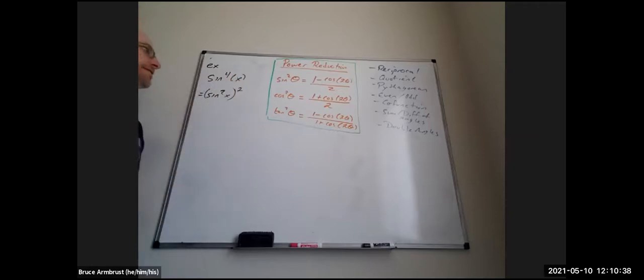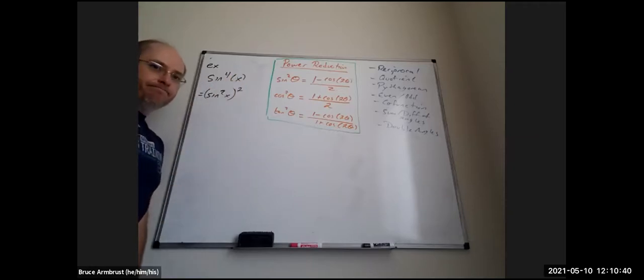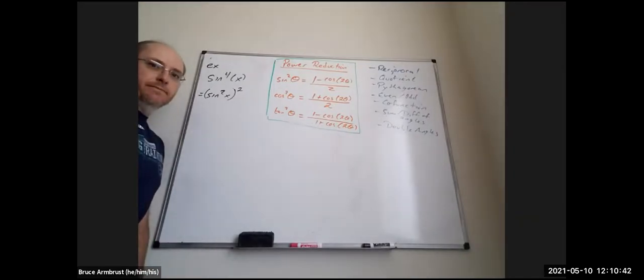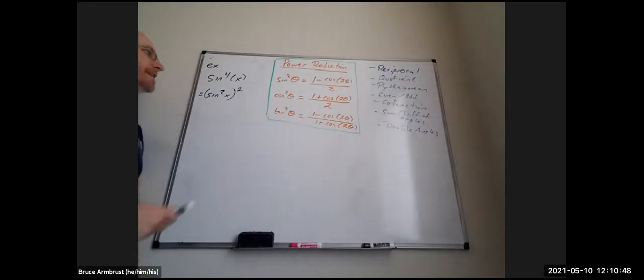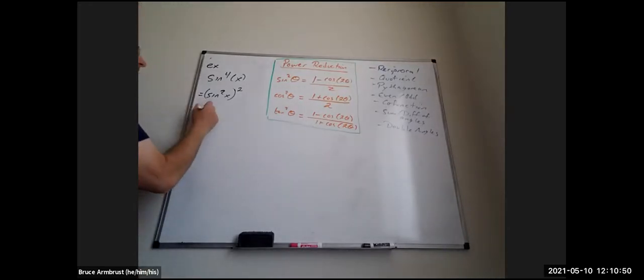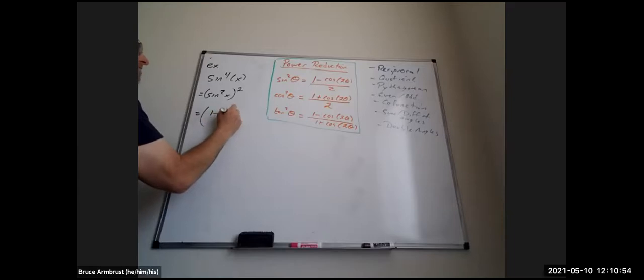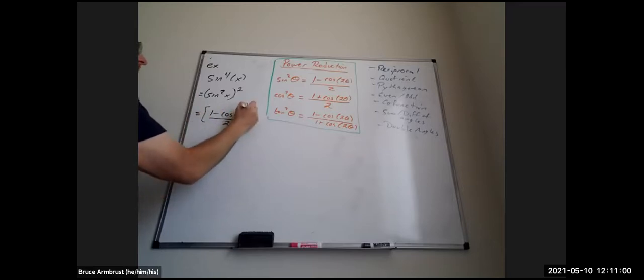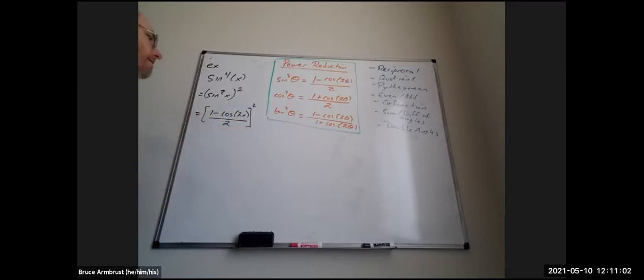Now sine to the fourth, of course, is not sine squared, but we can write it as a square. If we think of it as sine squared, squared, remember your rules of exponents. When you raise to another power, you multiply them together. And now I can use my identity. What's in these parentheses is the same as 1 minus cosine of 2x over 2, and I'm squaring that.